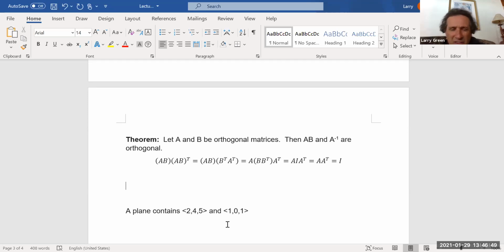So the question is, if I said, all right, I have a plane that's spanned by these two vectors, find an orthonormal basis for this plane.